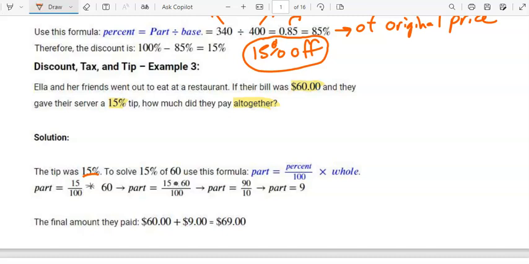We don't know what the part is yet, so we're going to convert the percent to standard form by dividing by 100, and then we're going to multiply by 60 to get the tip.